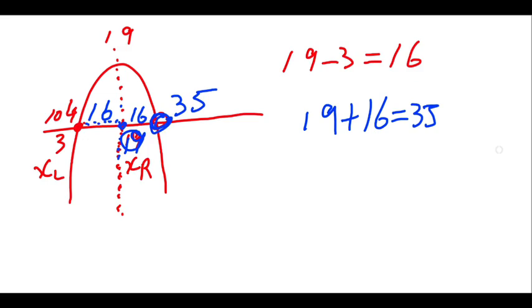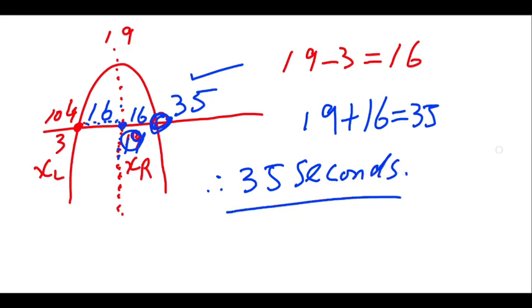So therefore the torpedo was at 104 meters below sea level for the second time after 35 seconds. This is my final answer. That's why it's a 2-mark question, so we don't need to equate.